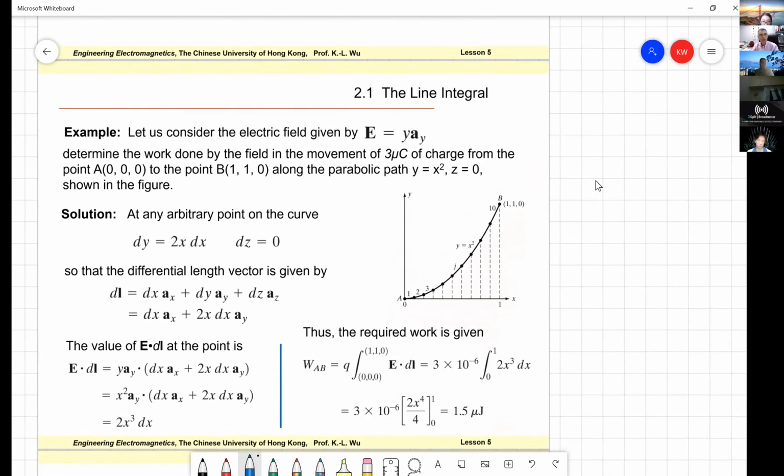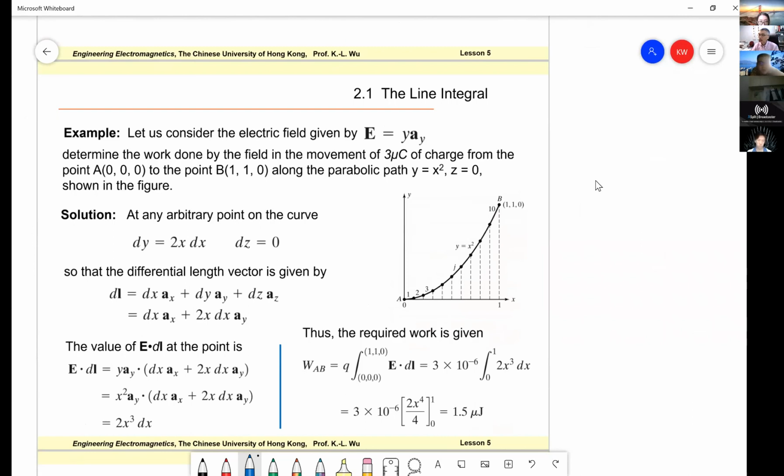Let's take an example. I assume I have an electrical field only in the y direction.